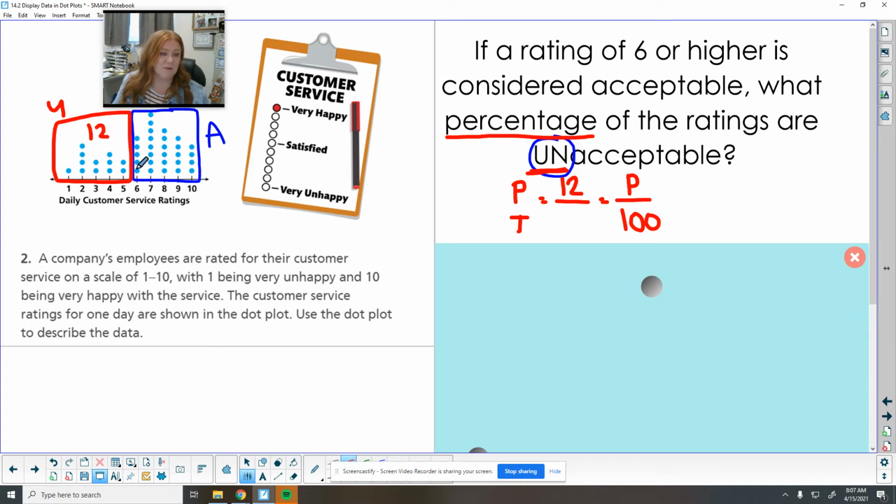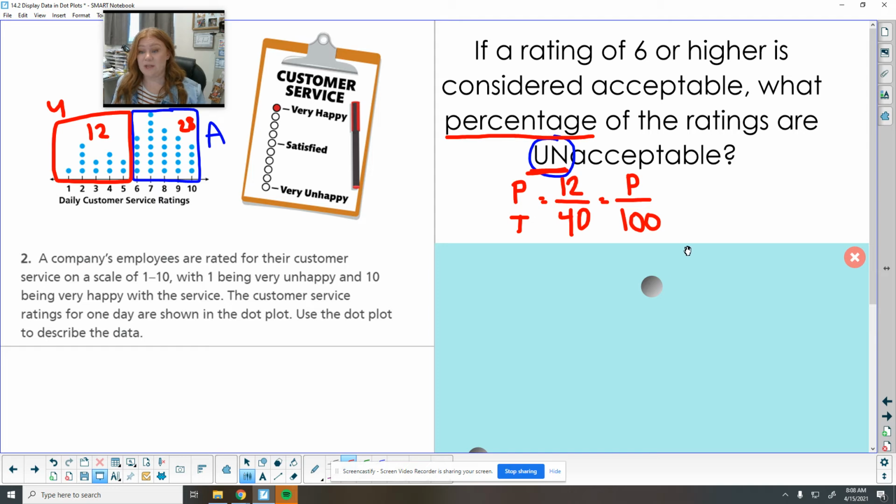Here's 1, 2, 3, 4, 5, 6, 7, 8, 9, 10, 11, 12, 13, 14, 15, 16, 17, 18, 19, 20, 21, 22, 23, 24, 25, 26, 27, 28 on this side. So I need my total of those together is 40.